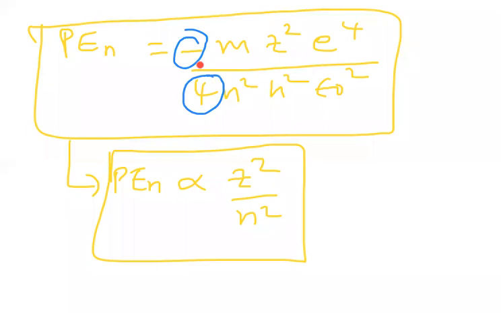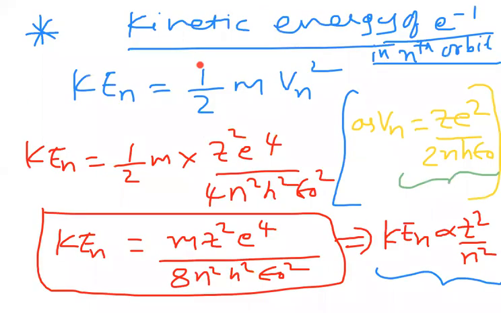And if you observe the kinetic energy, here we have a positive sign; there is no negative sign. But the denominator is the same as in total energy. The total energy expression and kinetic energy expression are the same, but kinetic energy is a positive value while total energy is negative. Remaining everything is the same.